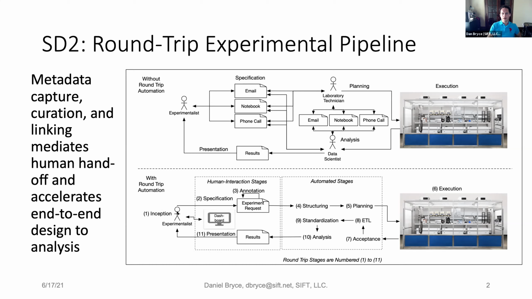Okay, so this is the high-level idea of what we're trying to provide with Round Trip. Obviously, I've omitted the design and build phase of the DBTL cycle, and we've integrated this with a couple different design and build phases, and it really is meant to address the problem of high-throughput experimentation.